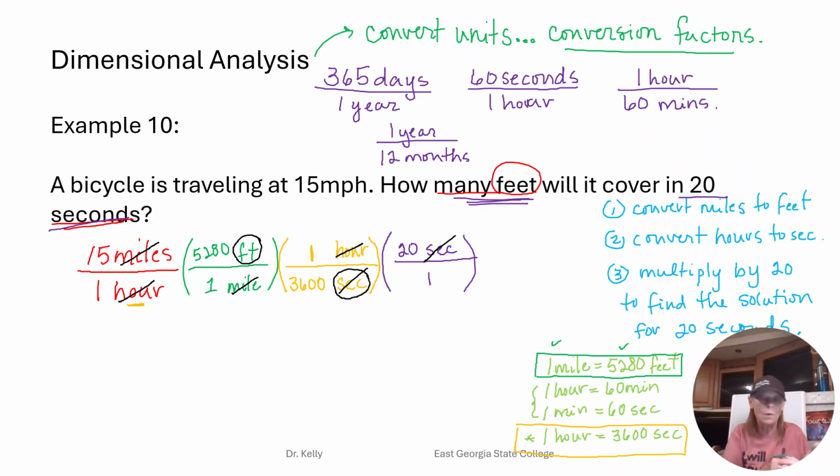I'm immediately going to divide by 3,600 on my calculator. That gives me 440, and what are we left with? Feet, of course, because that's the only unit that we're left with.